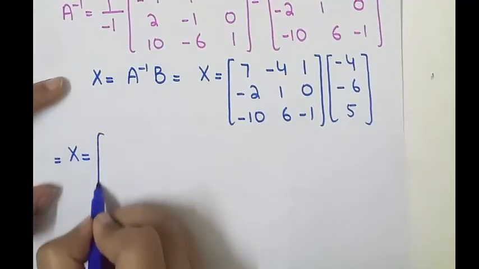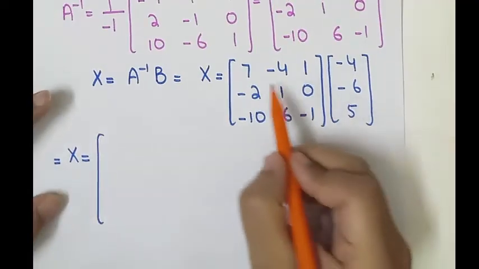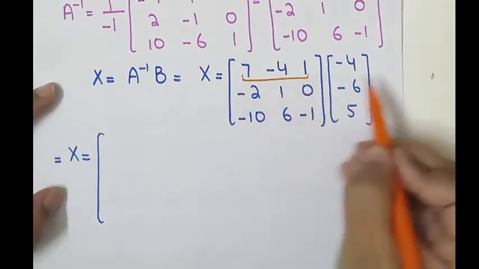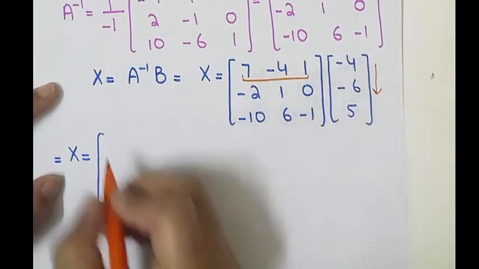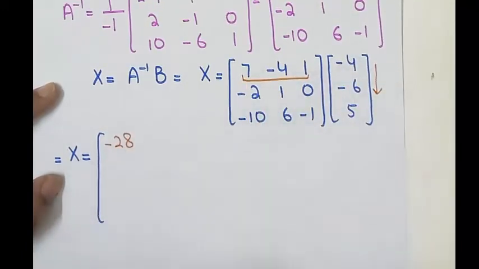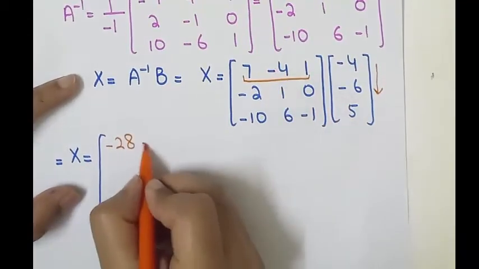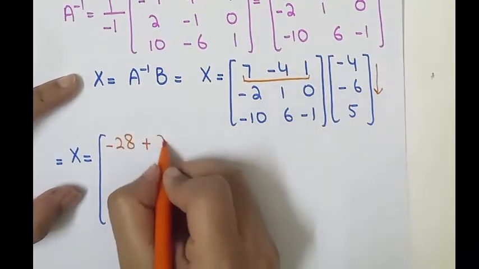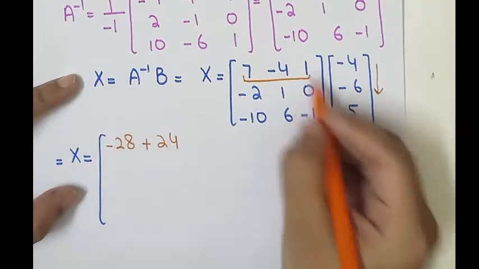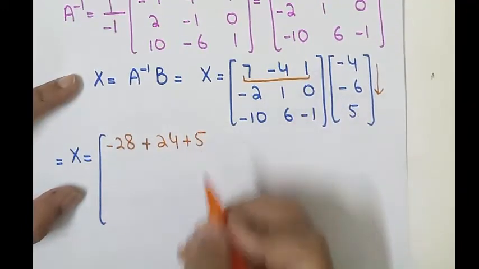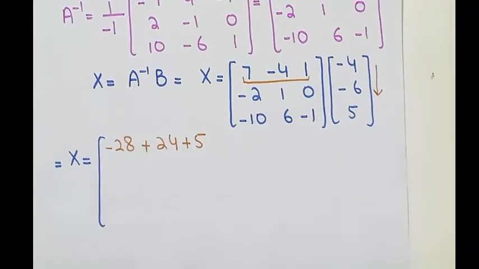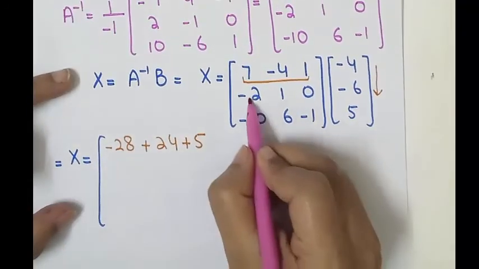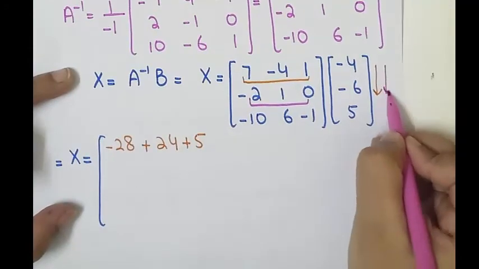X equals, first we will multiply the first row with this column. We have 7 times -4 is -28, minus minus is plus, 6 times 4 is 24, then we have plus 5. Now we will multiply the second row with this column.